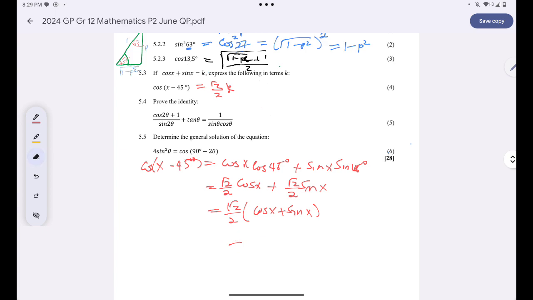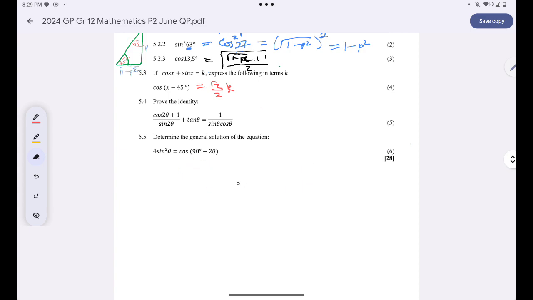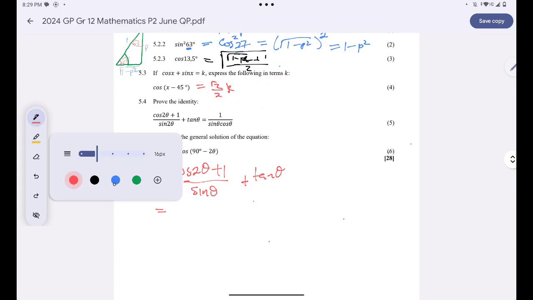Okay, 5.4 I'm supposed to prove the identity. Okay, on my left hand side I have cos 2 theta plus 1 over sine 2 theta plus tan theta. I can change the double angle for cos.